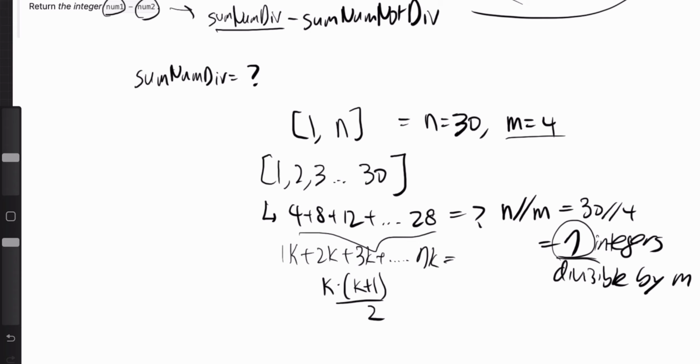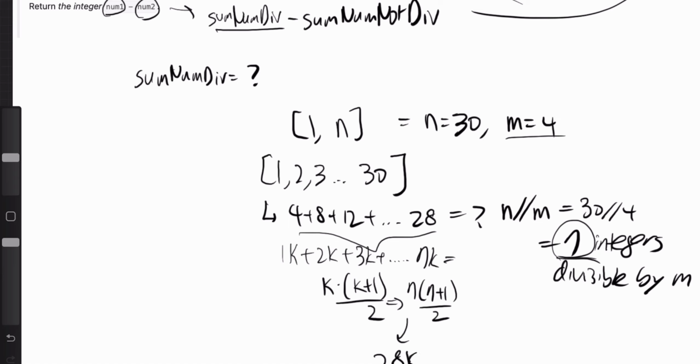And we know k is going to be equal to 7. So we have 7 times 7 plus 1 over 2, which gives us 28k. So it's 1k, 2k, 3k, all the way to 7k, which gives us 28k.